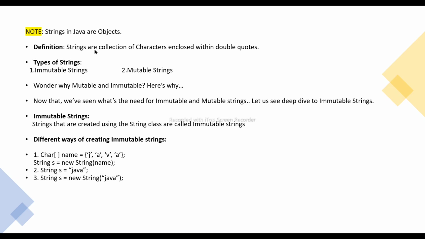I told you that strings are collections of characters, and also that they have to be enclosed within double quotes. That is how I am defining a string: strings are collections of characters enclosed within double quotes.